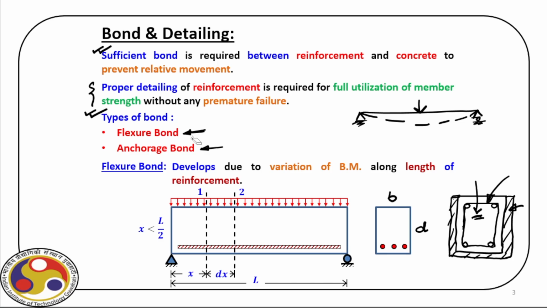Now when this beam bends, because of this variation of the bending moment, if you take a section at 1 and at 2, so if the bending moment here is M, obviously here it is M plus dM. Now due to this variation of the bending moment along the length of the reinforcement, we need to provide sufficient bond against flexure, because you can see between these two sections which are dx apart, there is a difference of dM bending moment, which we can convert into a force acting on the rebars.